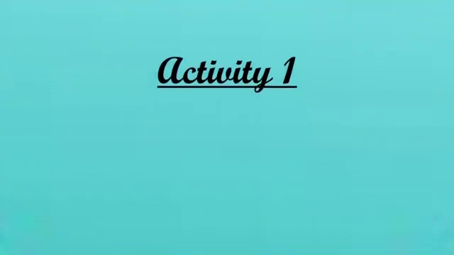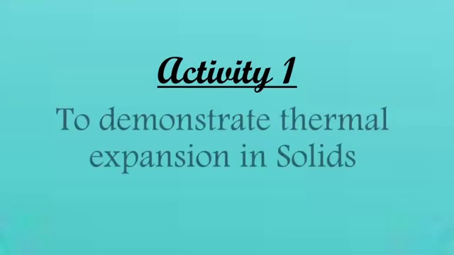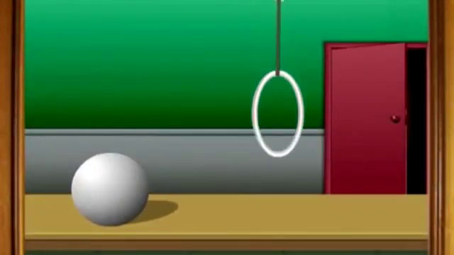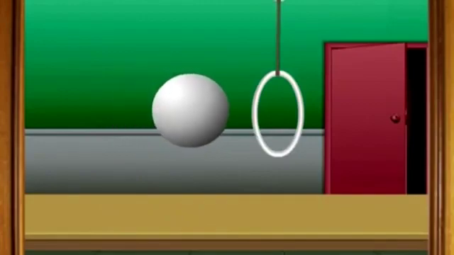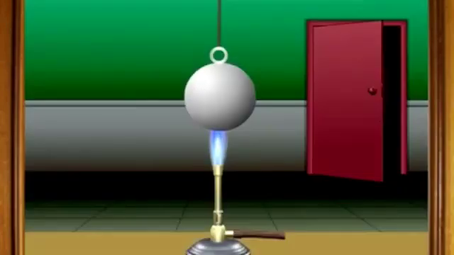Let's see this with the help of Activity 1 to demonstrate thermal expansion in solids. Let's take a metallic ball as shown and a metal ring through which the ball can just pass at room temperature.